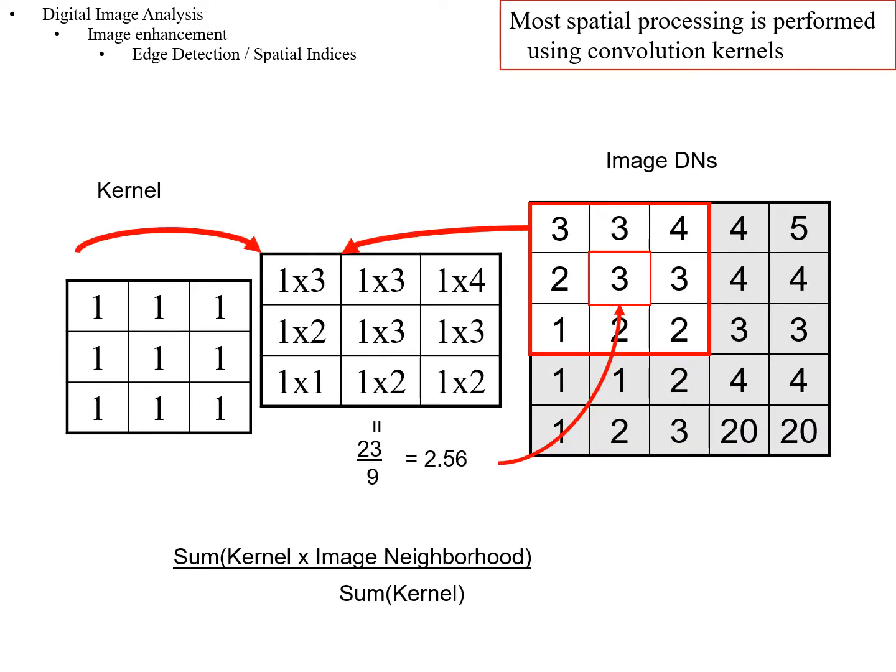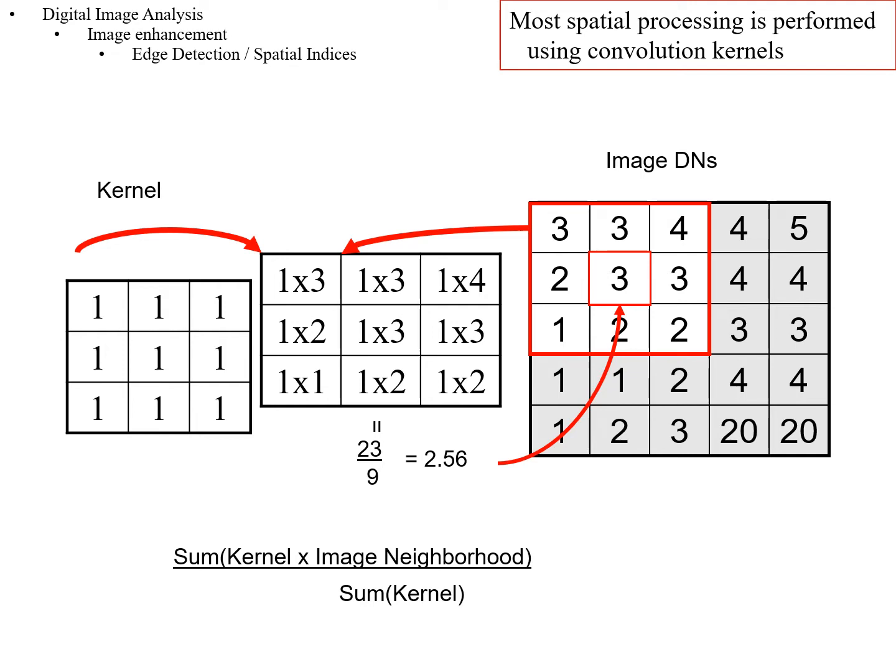Then we simply multiply the values of the kernel times the values of the image DNs. We take the sum, in this case 23, and divide by 9, which is the number of pixels in the kernel. And we get a value, 2.56. That's the average value there.